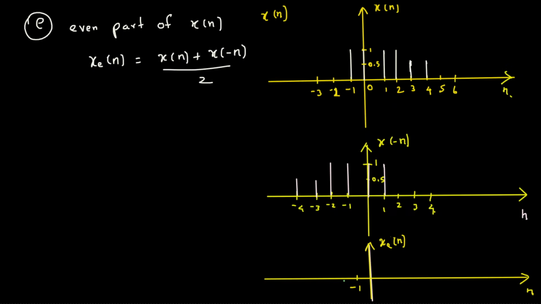Let's look at the points. Here we have minus 1, minus 2, minus 3, minus 4, 1, 2, 3, 4. Just look at the points where something exists. You don't have to worry about other things because others are just 0. So at negative 4 we have 0.5. Add with this, here we have nothing, which means 0. 0.5 plus 0 divided by 2 makes 0.25 here. So we can say 0.25 or 1 over 4.